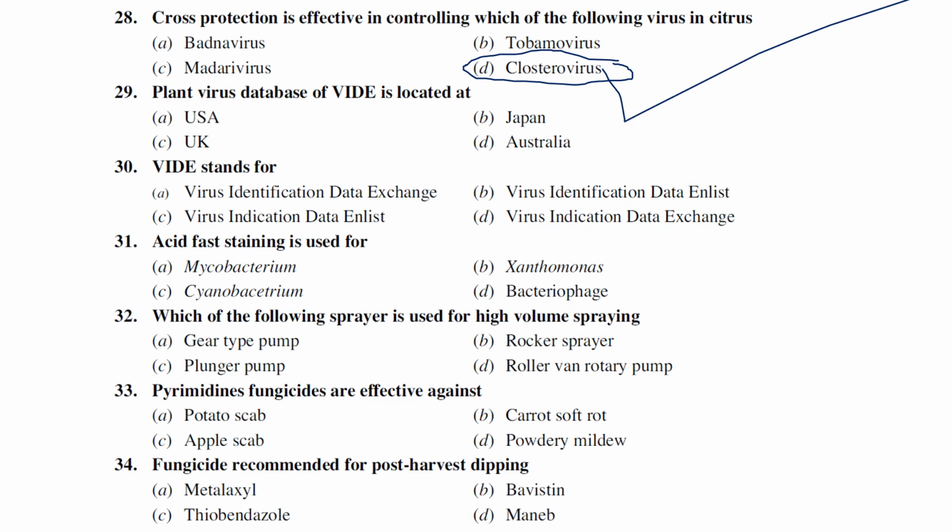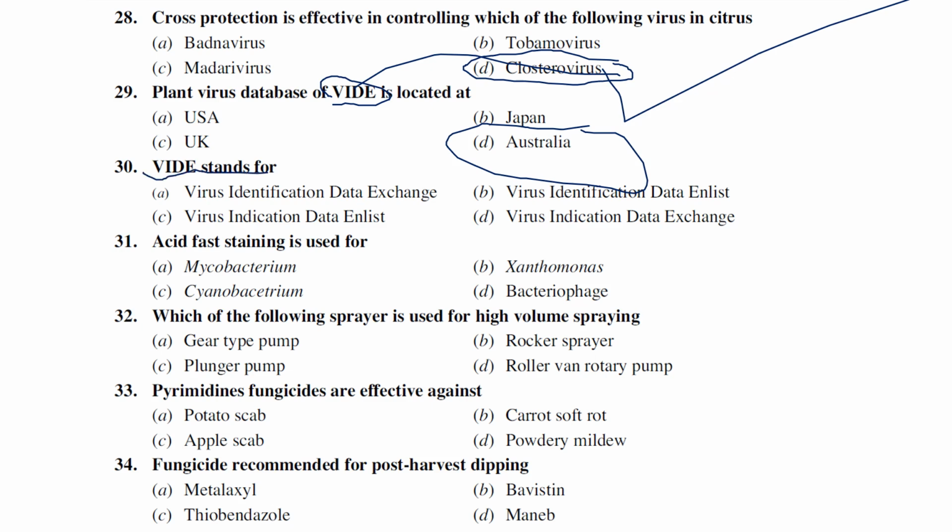So plant viruses database, WIDE, actually I couldn't recall the full terminology, but I have come across this somewhere else. Generally this database represents plant viruses. This database is located in Australia, maintained by Australian people.